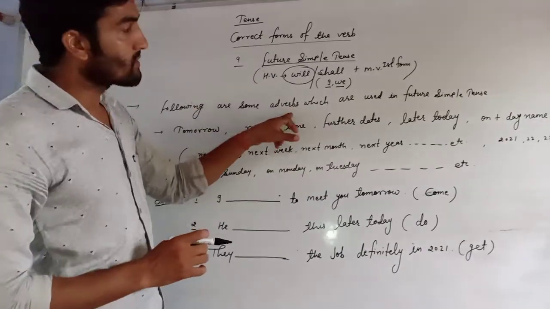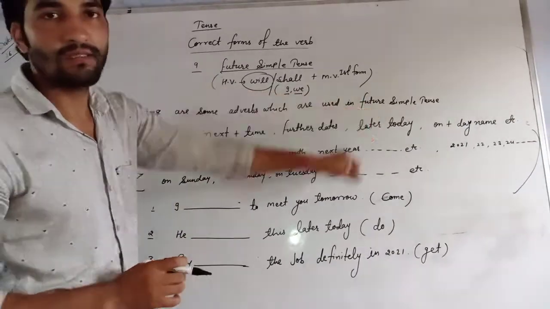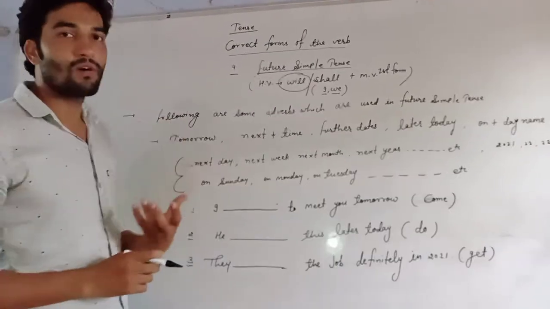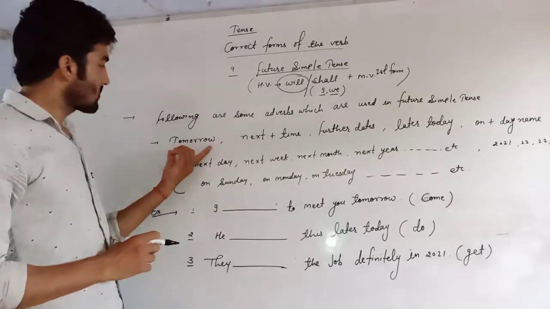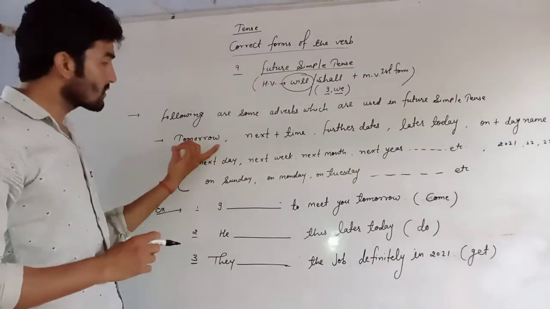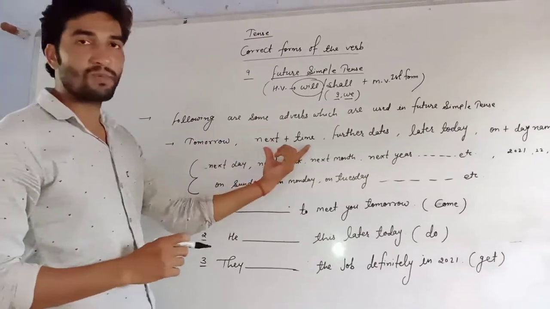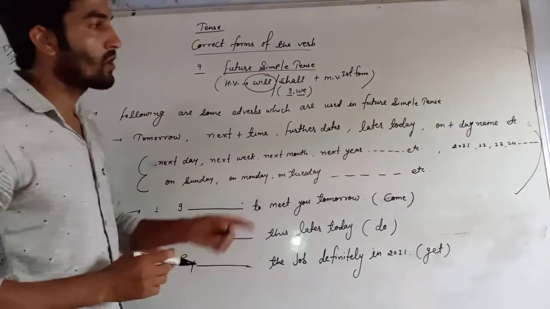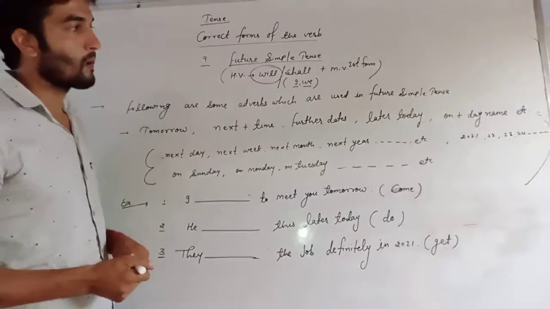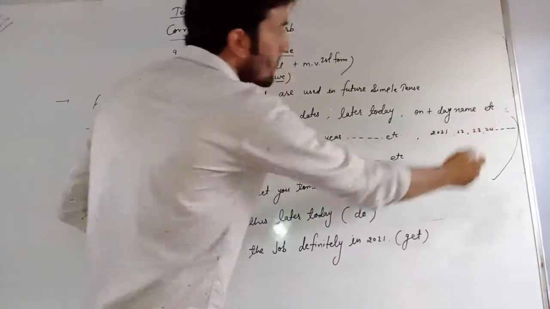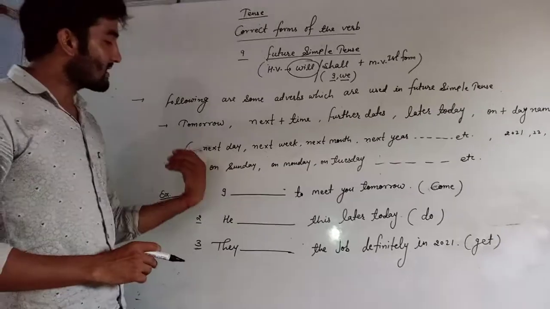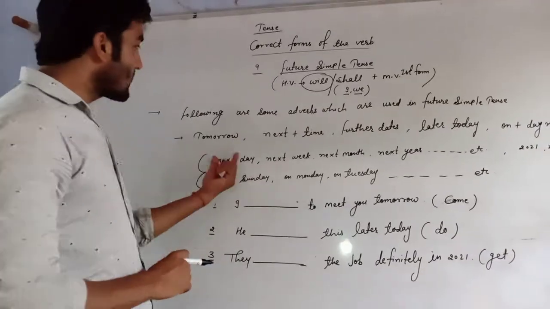Following are some adverbs which are used in future simple tense. So which are the adverbs? Look here: tomorrow, next plus time, further dates, later today, on plus day name, etc. Here in the bracket is next plus time.